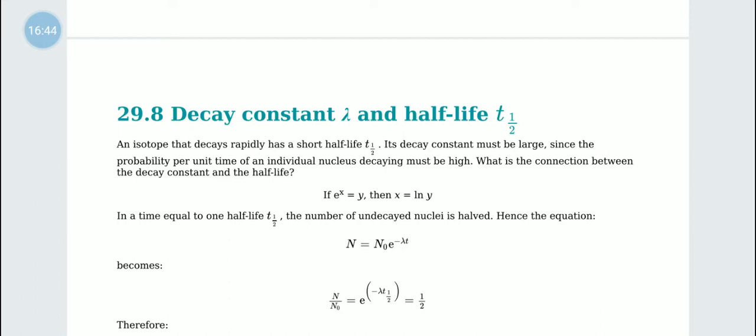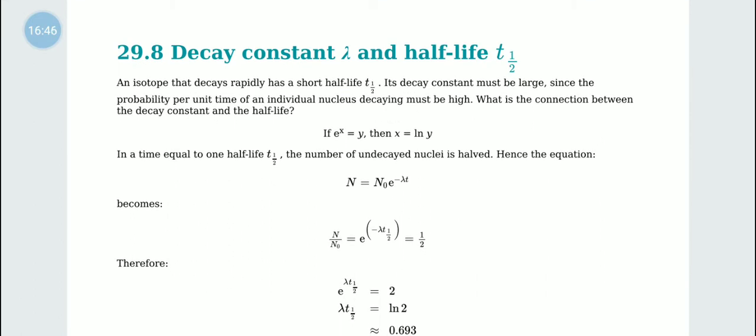If e to the power x is y, then x is the natural logarithm of y. Then in time equal to 1 half-life, t half, the number of undecayed nuclei is halved.